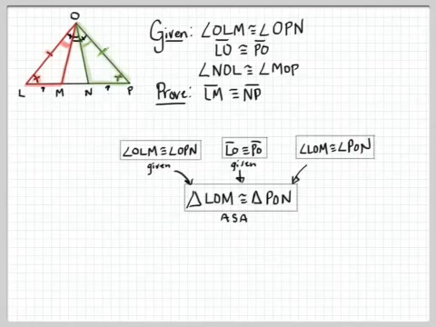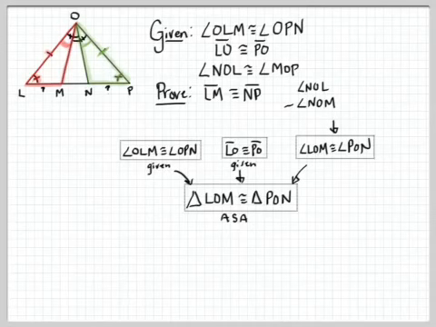I need angle LOM and angle PON to match. That's the red and the green. And the way I get that is by subtracting. If I do NOL minus NOM, look over here, NOL, that's this arc, minus NOM, that's that middle piece, then I'll be left with LOM. NOL, take away the middle piece, is LOM.